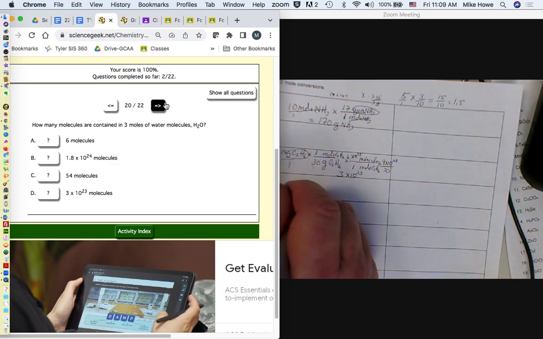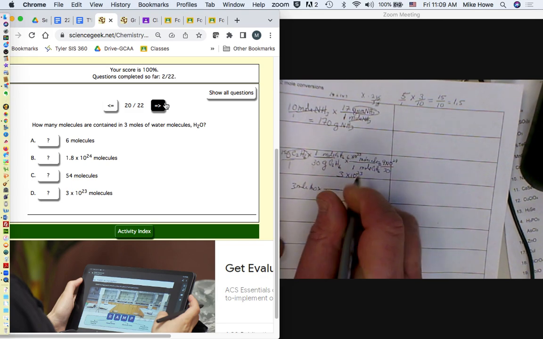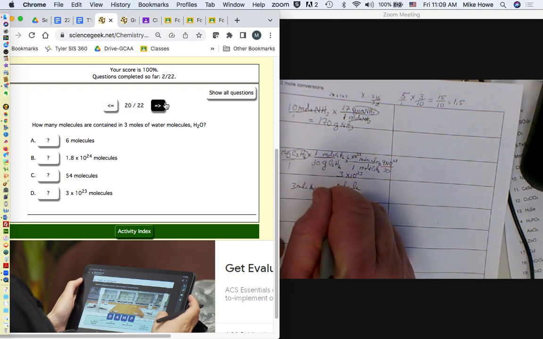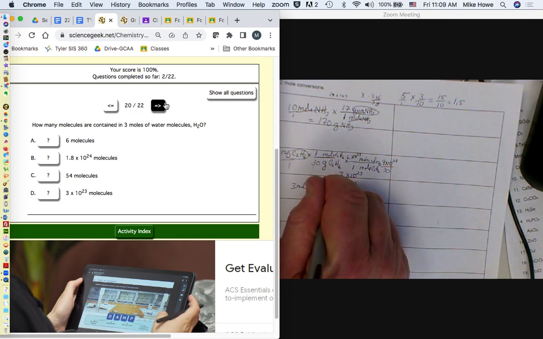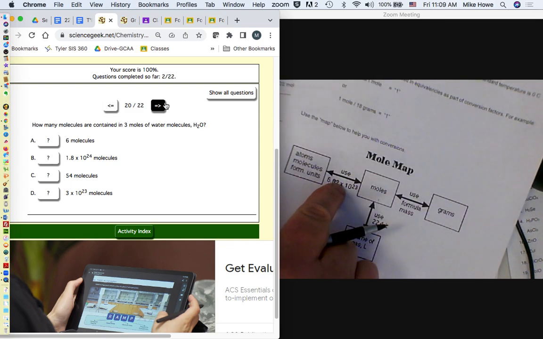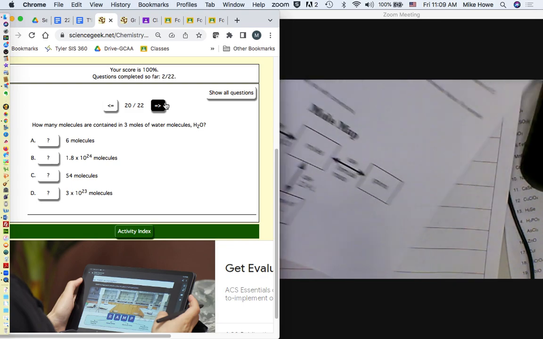So moles go into molecules. All right, so 3 moles. Moles on the bottom, all the words go on the bottom. Molecules on the top. 1 goes with moles. 6 times 10 to the 23rd molecules are equal to 1 mole. That number right there, because we're going from moles to molecules.